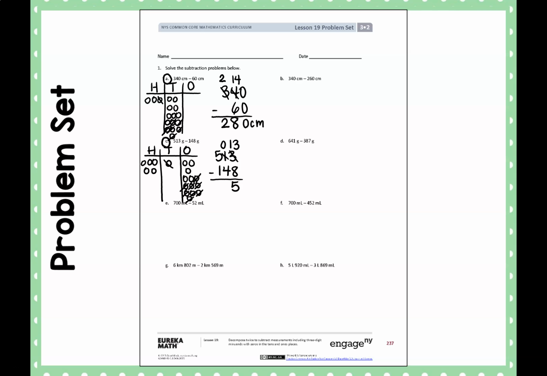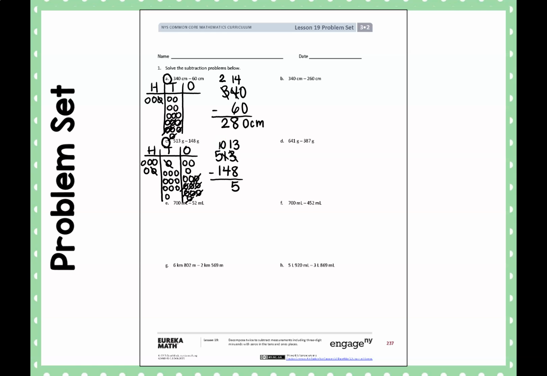Okay, moving on to our tens. I took away that last 10, so now I have 0 take away 4. Can I do that? Nope, so I'm going to have to borrow again. So I'm going to knock on the hundreds and ask if I can borrow 100, meaning I would now have 10 tens. Okay, so that 0 now becomes a 10.